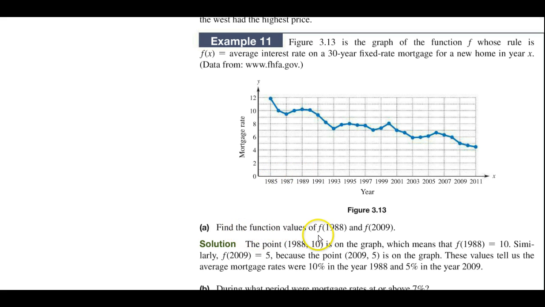Find the function values of 1988. Well, 1988 would be right there. We go up and it's right on the line at 10. And then 2009, right there. Going up there, going over 5%. So quite a difference.